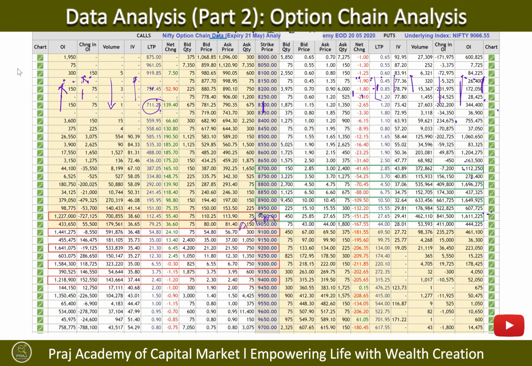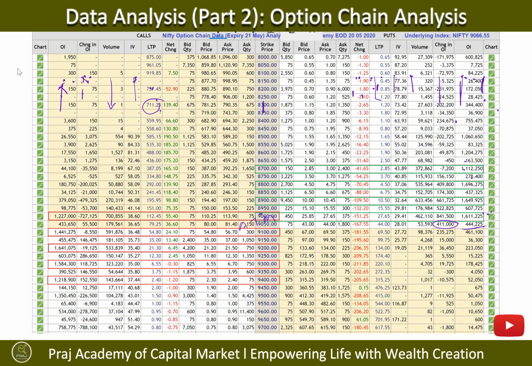So let's see what kind of open interest has built up on the put side. On 9,050, there are 4 lakh 11,000 new contracts. However, the overall open interest is not built up more. We generally consider 1 million plus open interest as a good level of support or resistance.